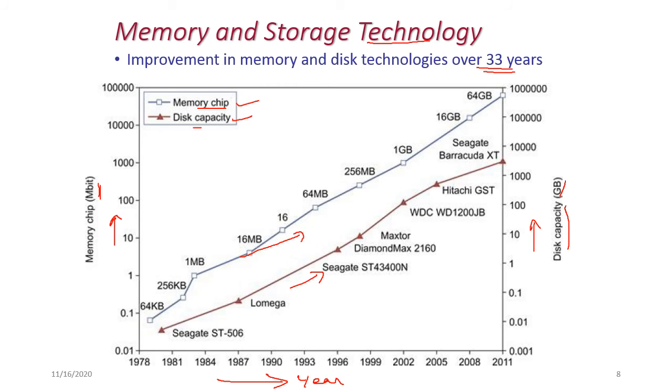The first memory chip, memory means RAM chip, was 64 kilobytes, and nowadays we have 256 GB memory also.